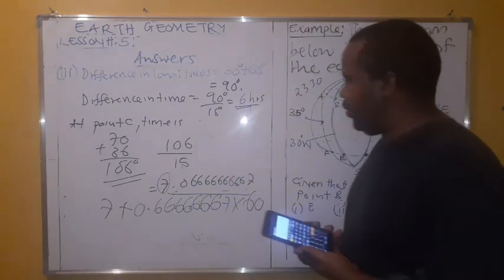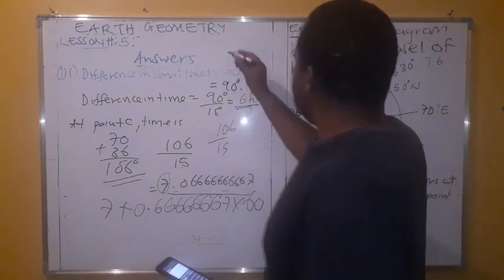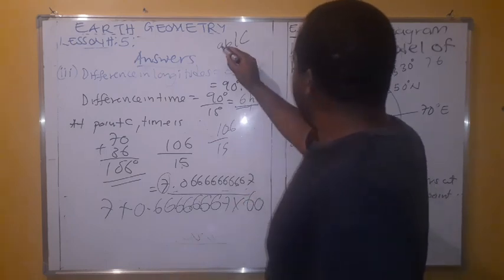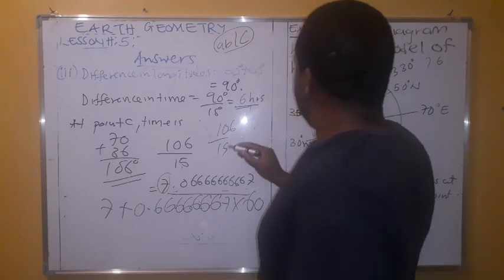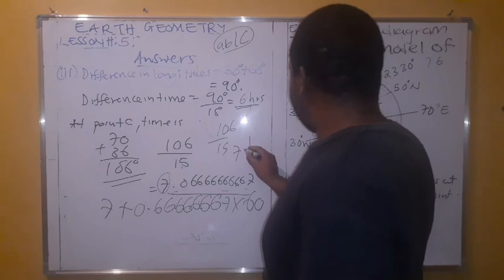Alternatively, when you use a calculator, you have got 106 over 15. There is this symbol, a b/c. When you divide this, it's going to give you 7 and 1 over 15.